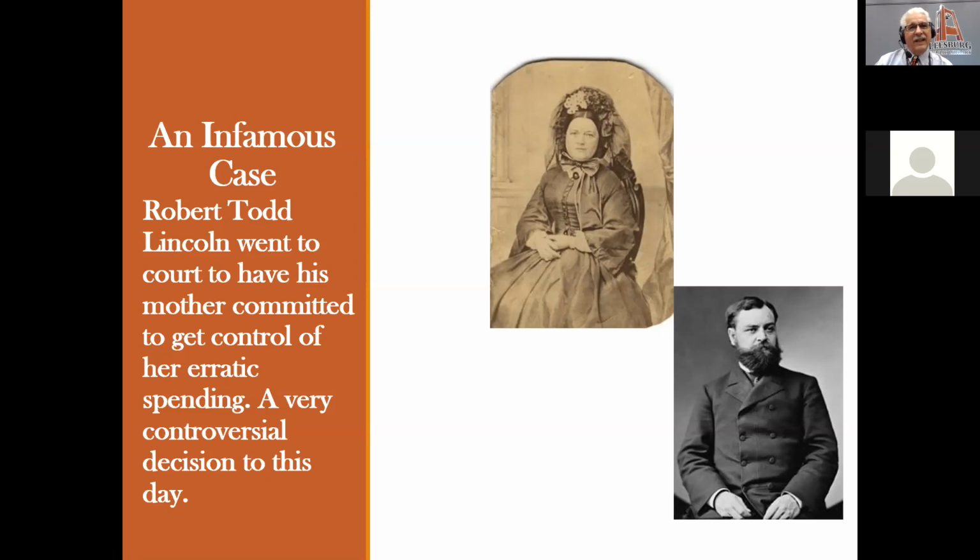She would most probably be diagnosed today as bipolar because she had these real extremes in temperament. And so he did actually win the case. She was put into an asylum for a while, and he was able to get control of her spending.